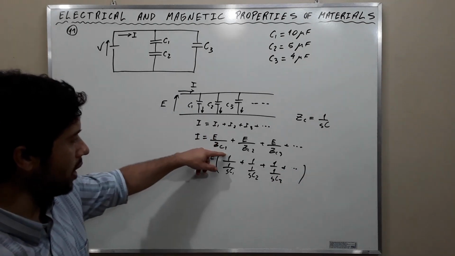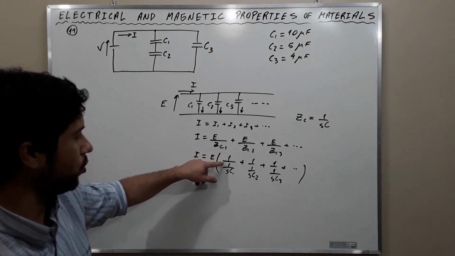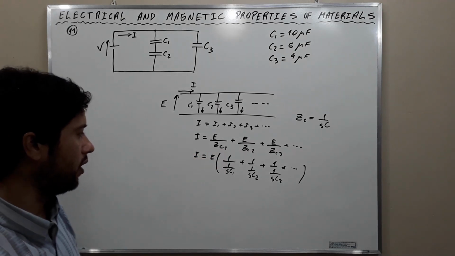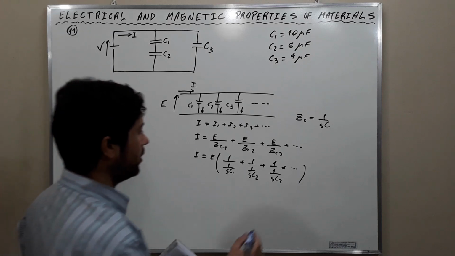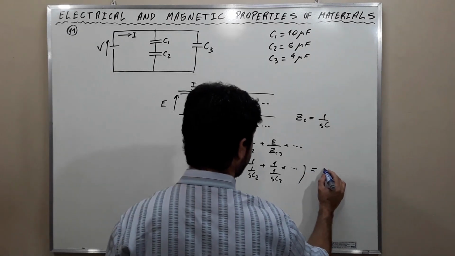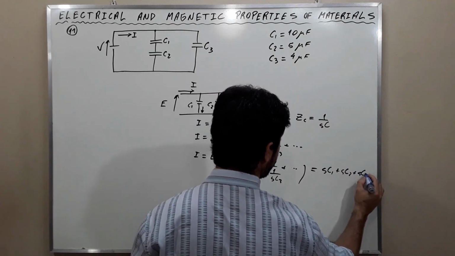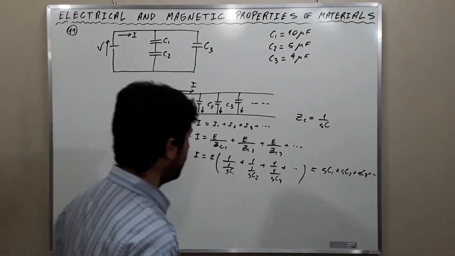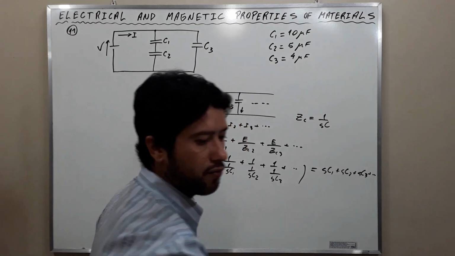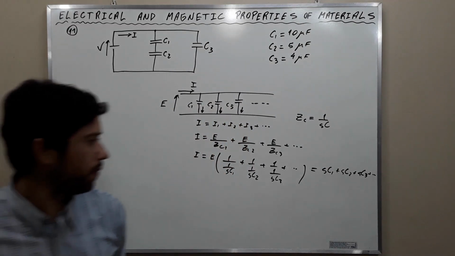Okay? 1 divided by 1 over SC is SC. Then it becomes SC1 plus SC2 plus SC3, and so on. And here we have E multiplying them all.